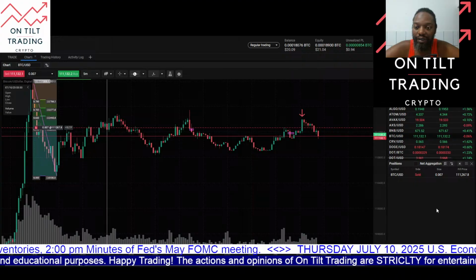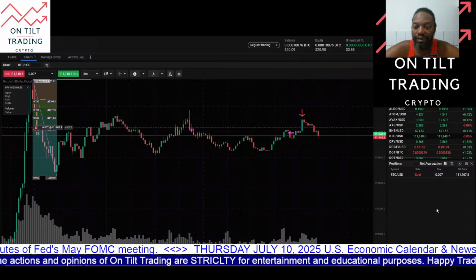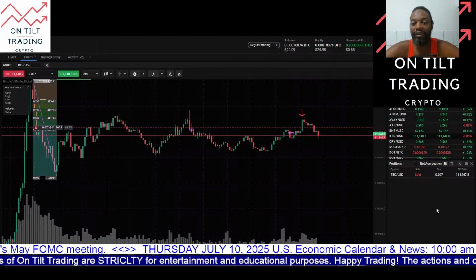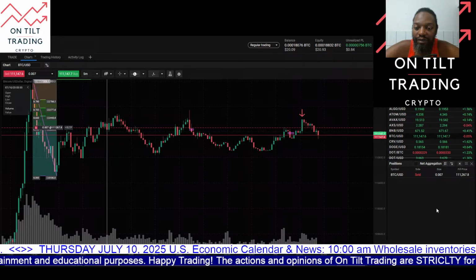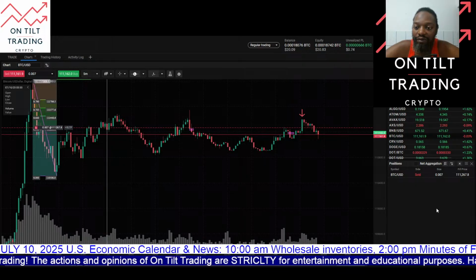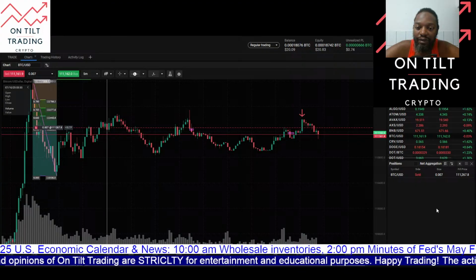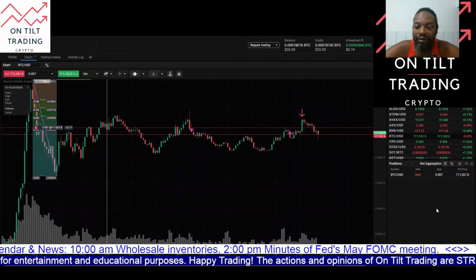Still consolidating here. Some buy side delivery from that reaction, but overall sell side delivery and price still trading below the previous 5-minute candle low. Now trading near the 111,150 level, and approaching the previous candle low.